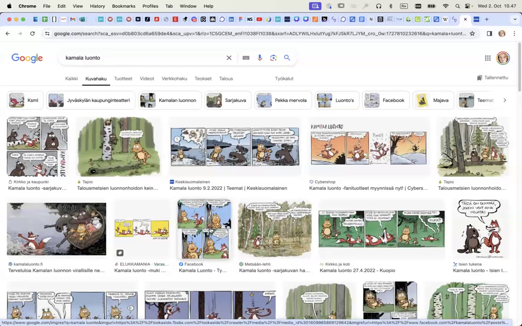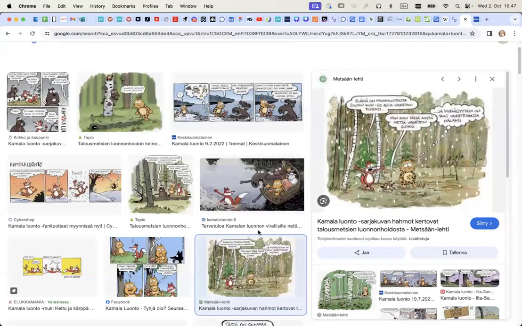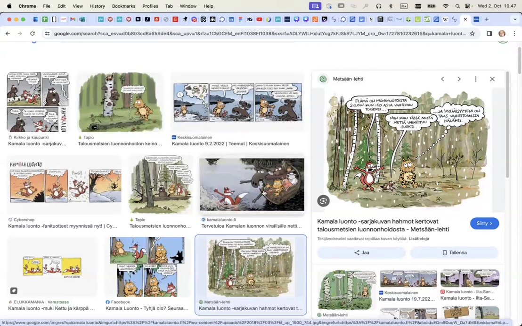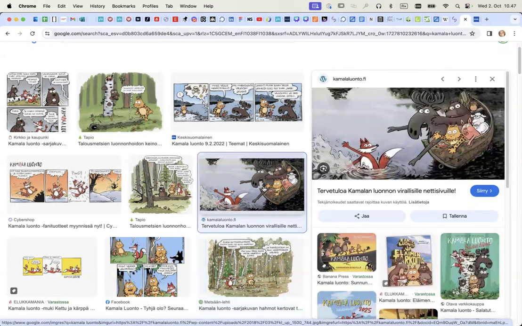Okay, so Kamala Luonto is about these animals living in a forest. There we have, let's say, the 3 main characters who are there in most of the strips. But as you can see from here, there are also lots and lots of other characters.